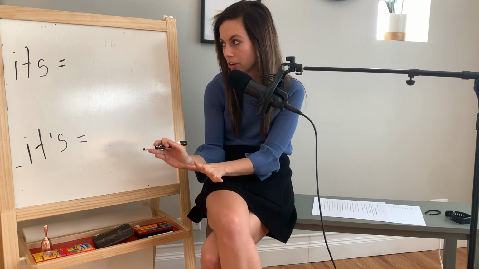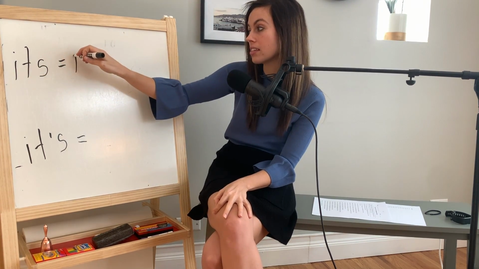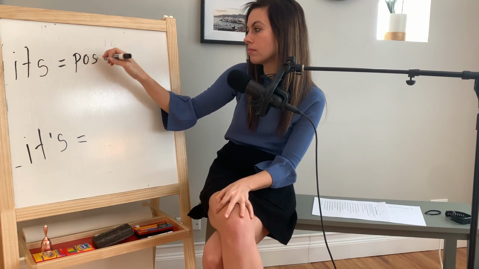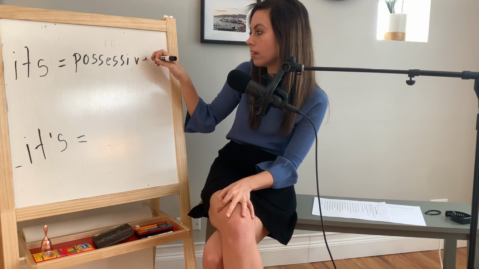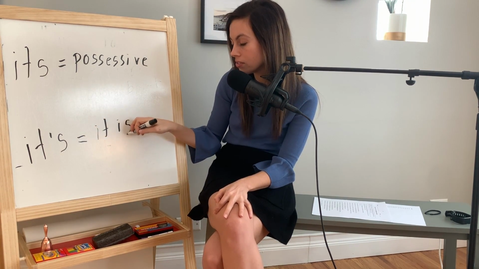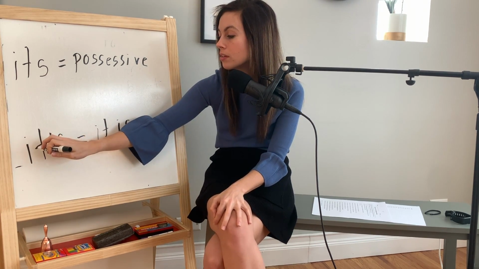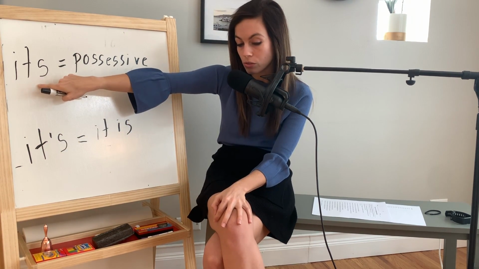It's kind of a rule breaker. So this its is actually possessive. And this it's means it is. So this is the contraction form. This its is possessive. It shows ownership.